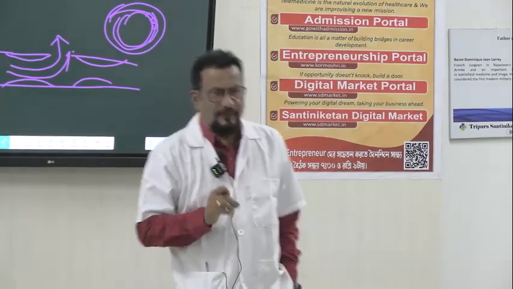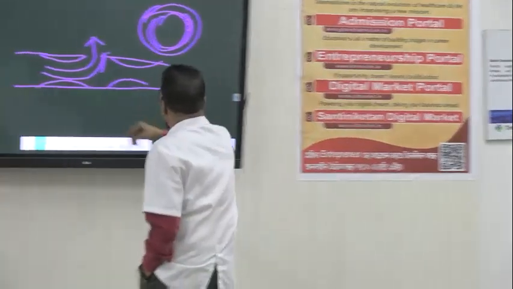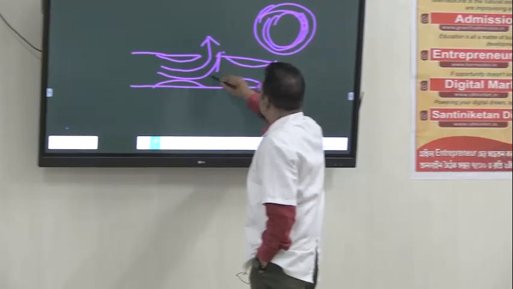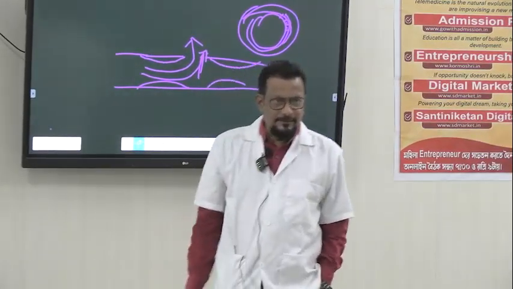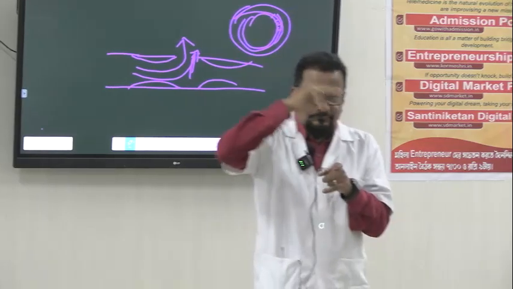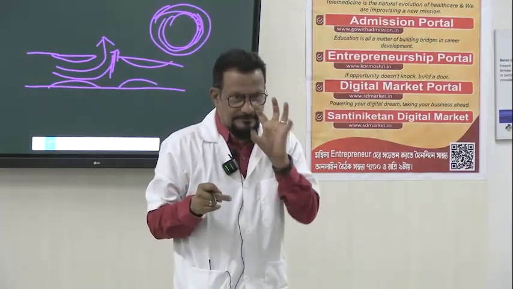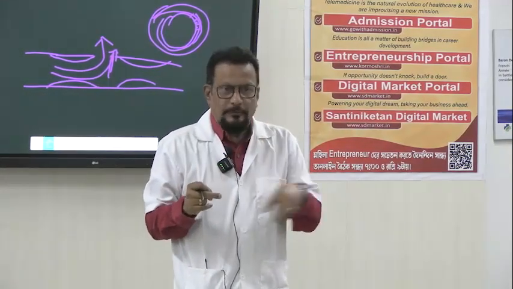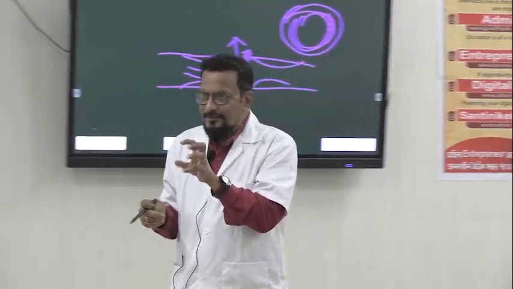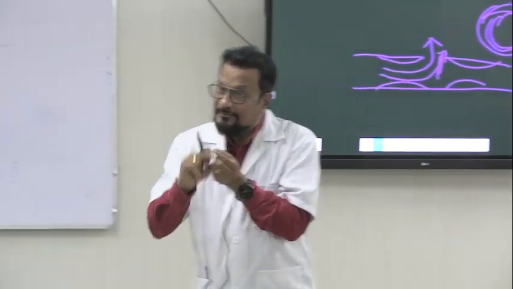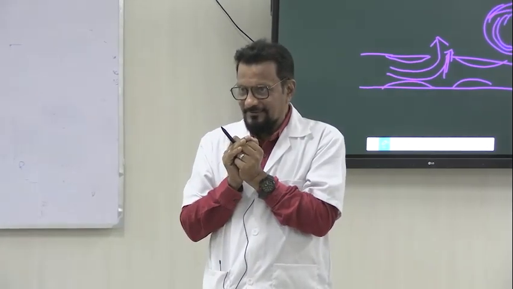So when the platelets come in contact with the collagen fibers, the platelets have binding receptors, which we have studied; there are different types of receptors. There are receptors to bind these collagen fibers.